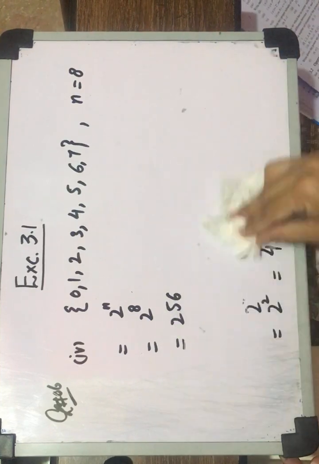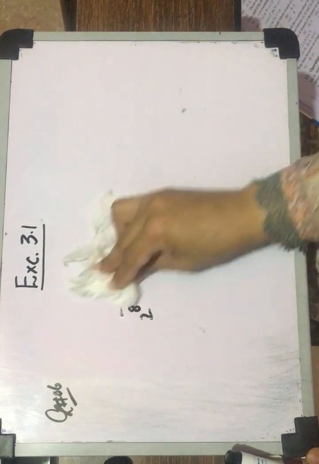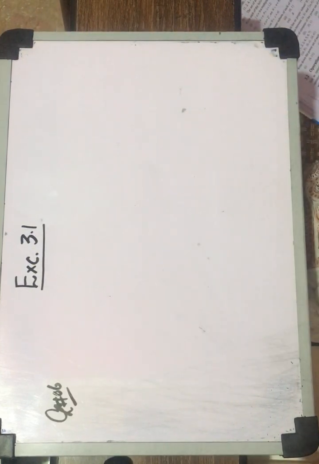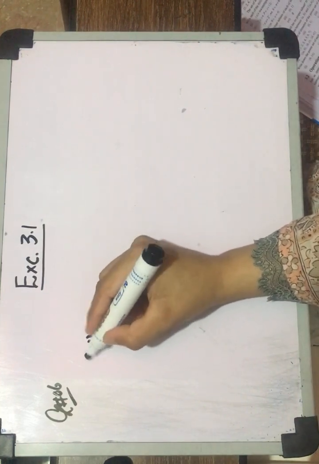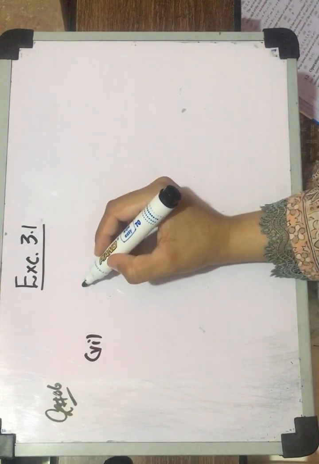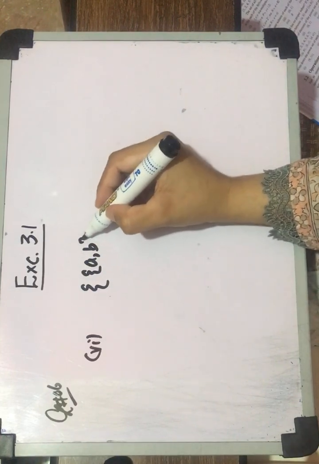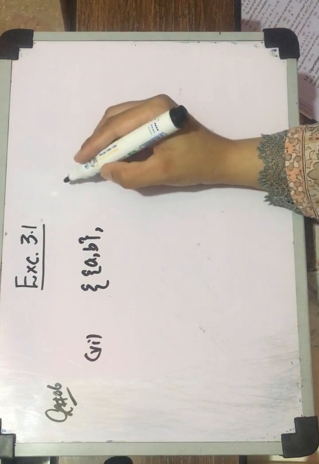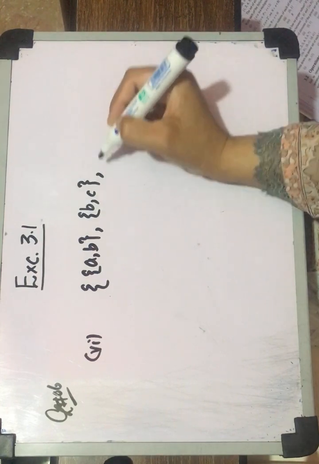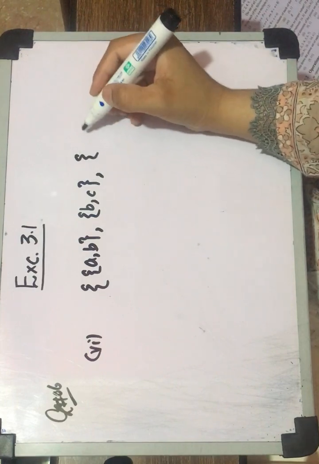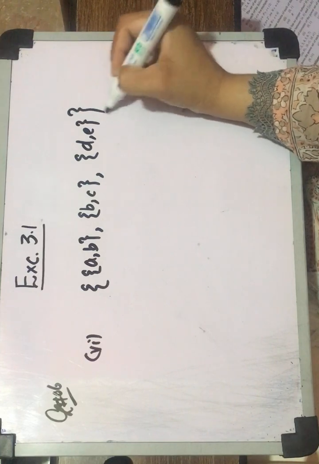Okay, let's say we have a set with elements VI, AB, BC, and DE.